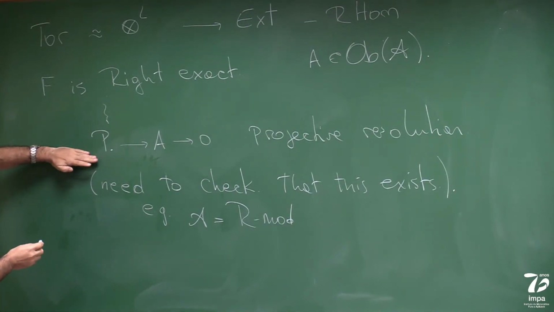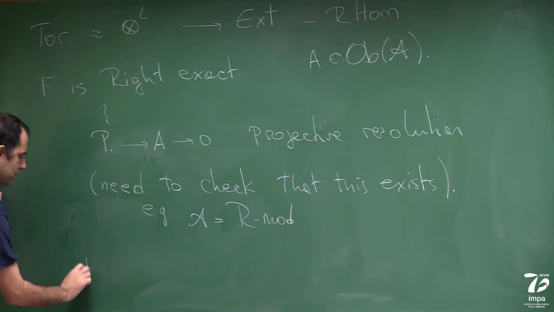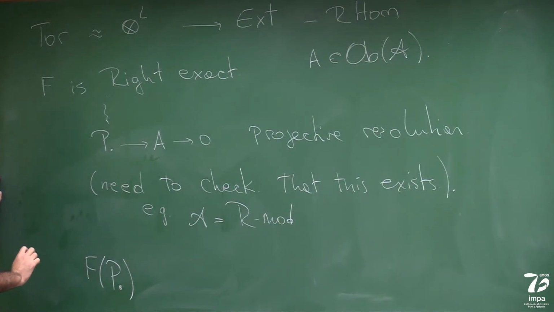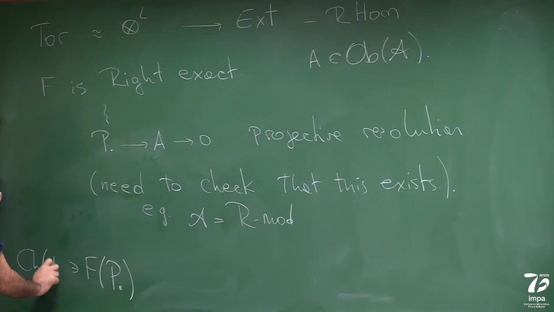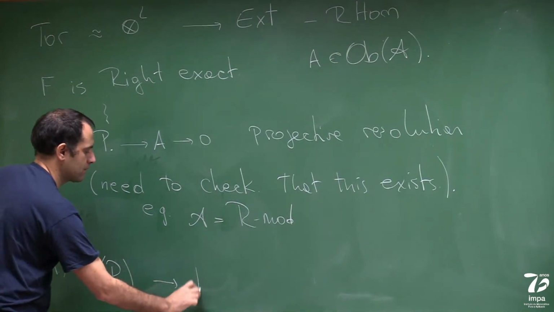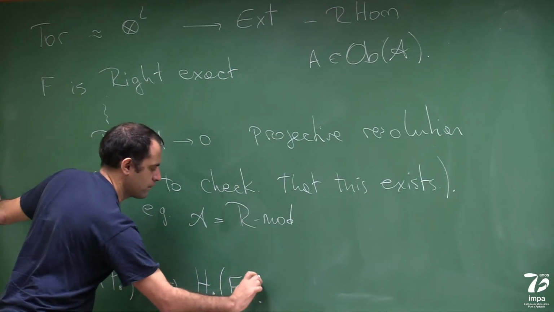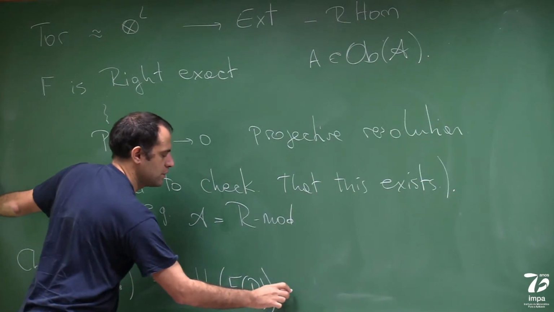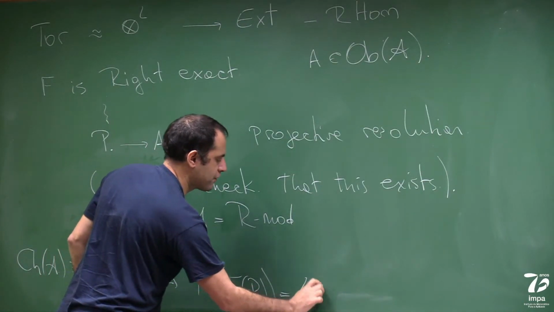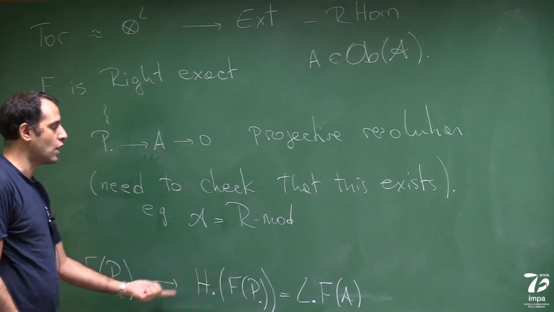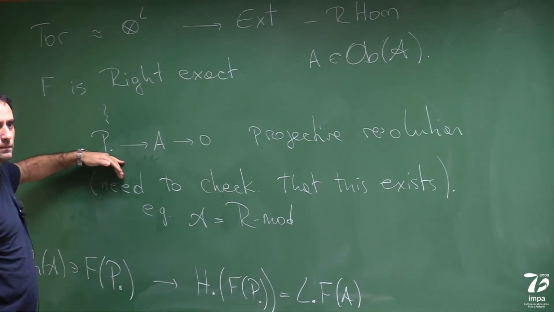So you take a projective resolution, then you apply your functor, and this is a chain complex in that category, and then you take the homology of that complex. And this you declare to be the left derived functors of F applied to A. And we check that this does not depend on the projective resolution.